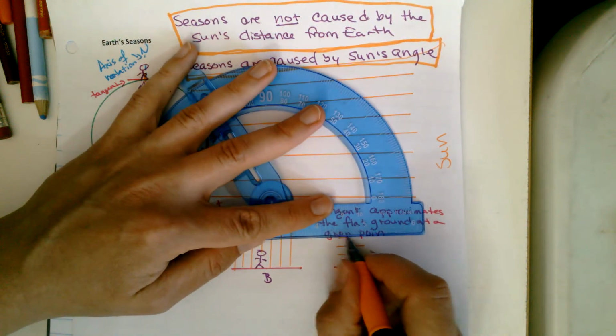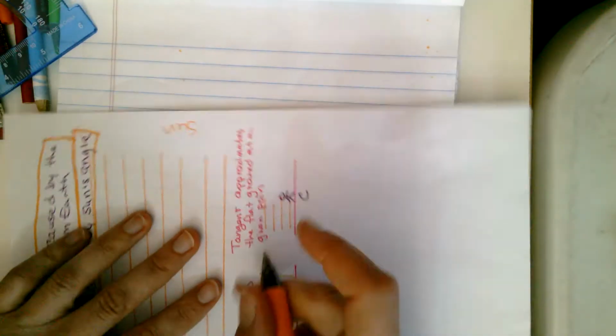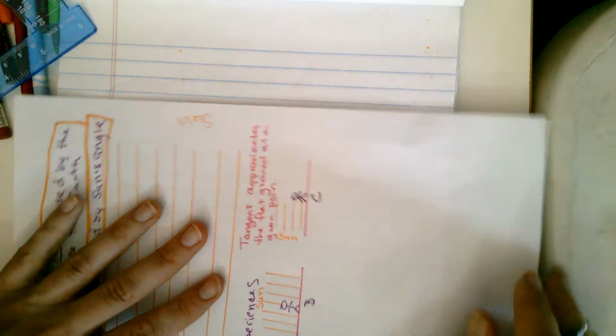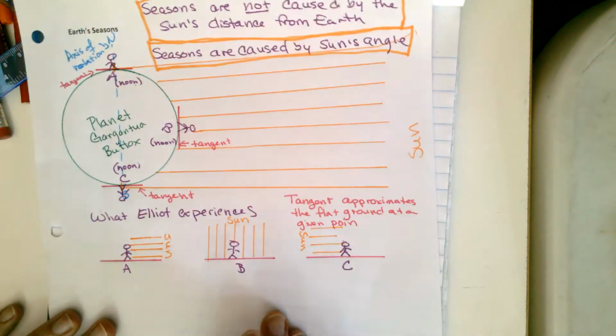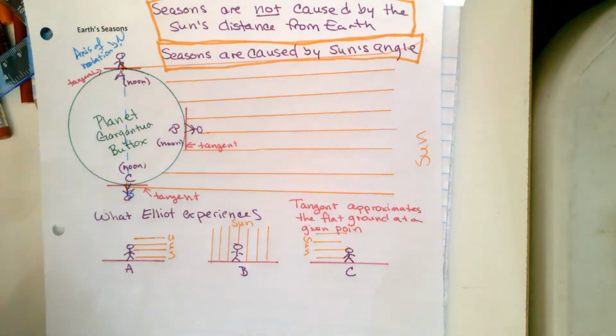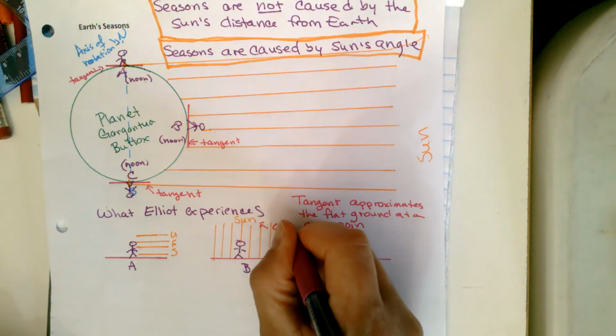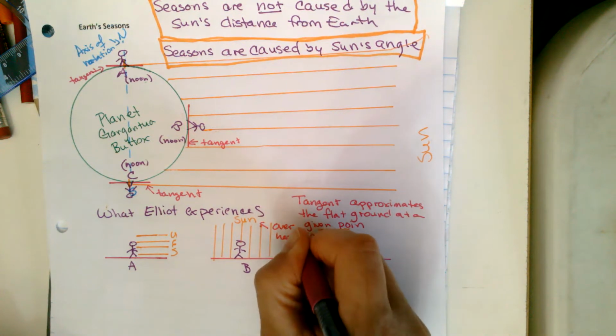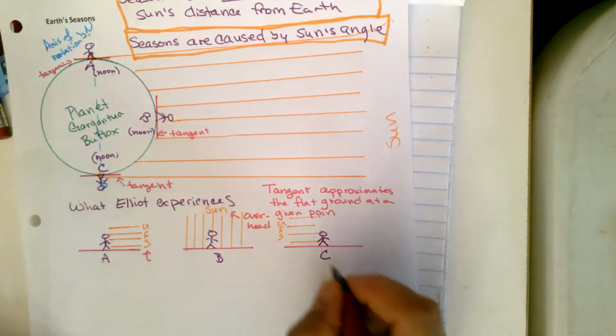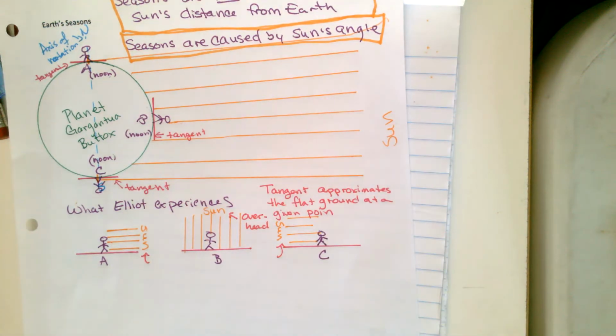But once again, straight out. So here the sun at B is directly overhead. Whereas, what's it called when the sun is straight out in front of you?